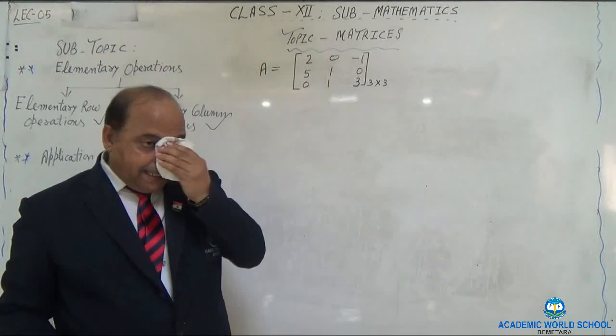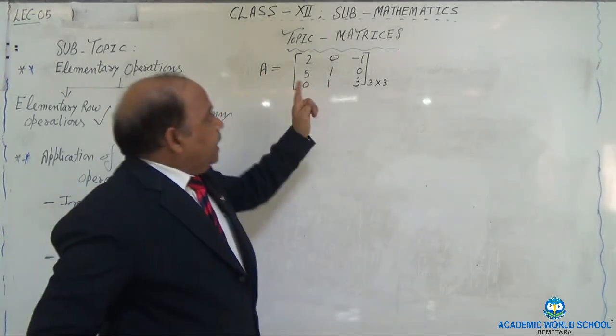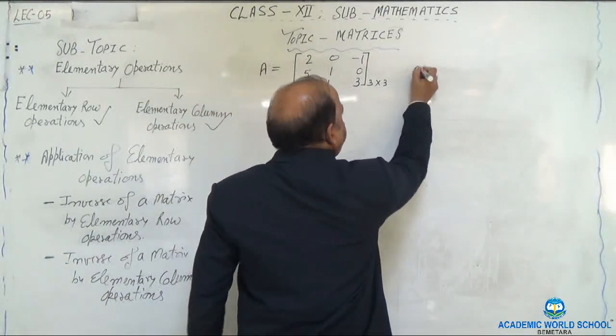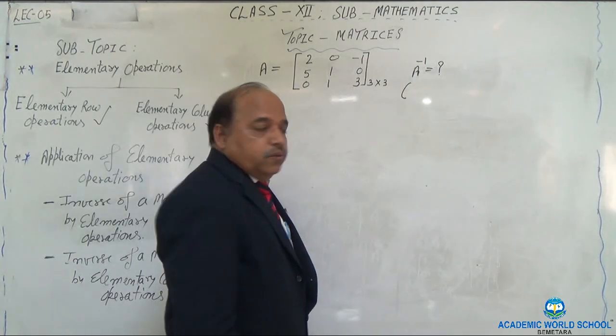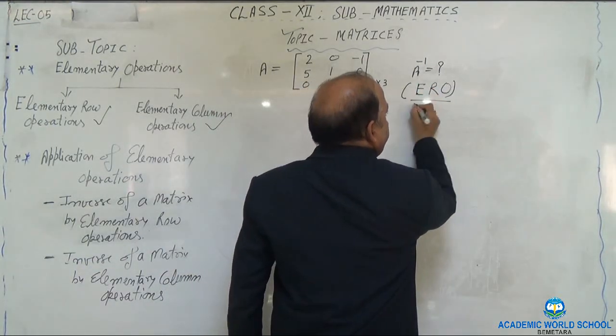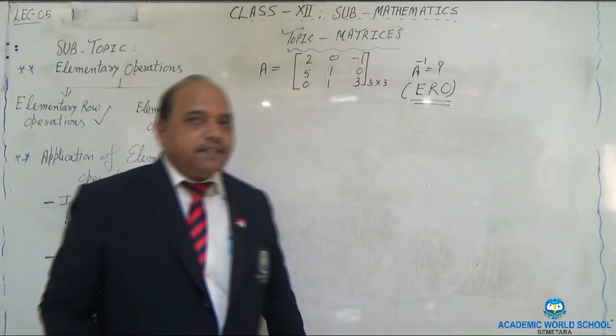And the question is to find the inverse of this matrix. The question says, find A inverse by using elementary row operations. Please understand the question.